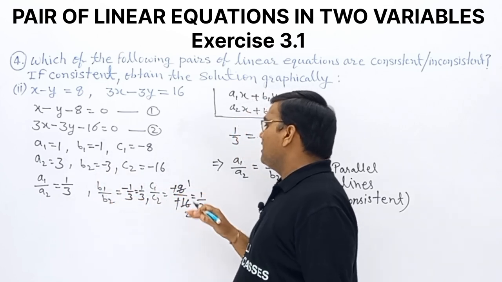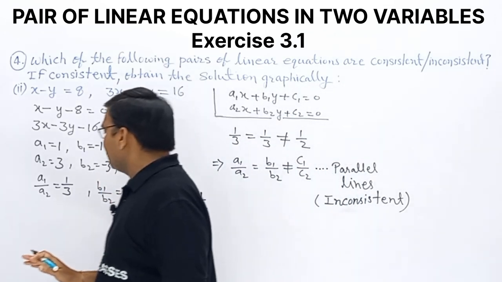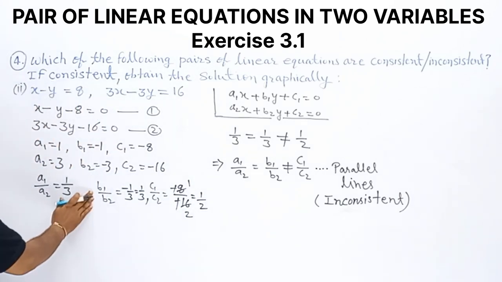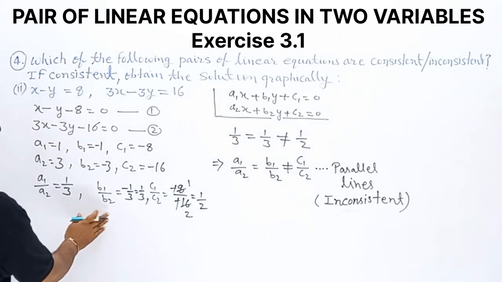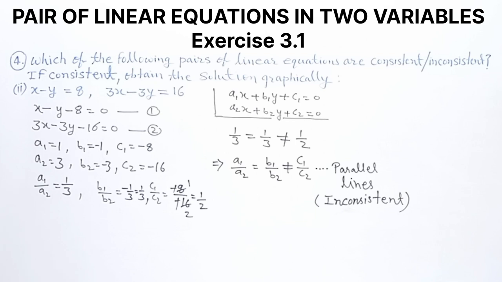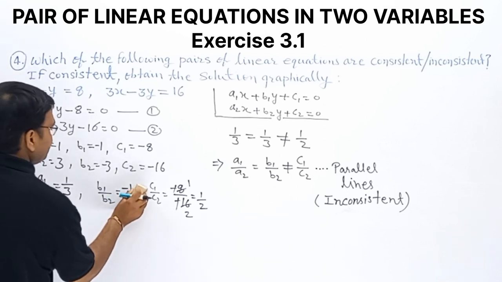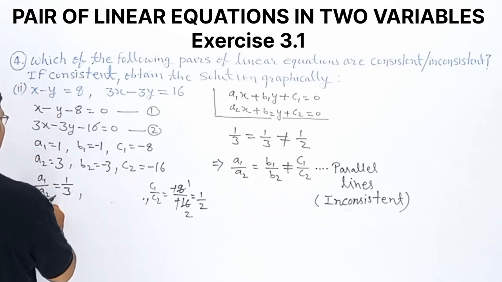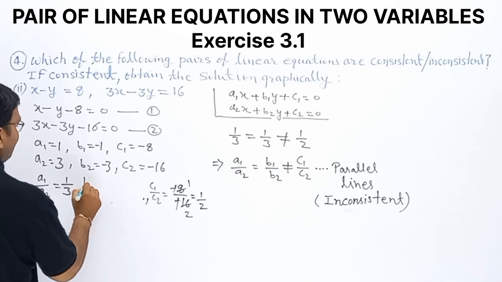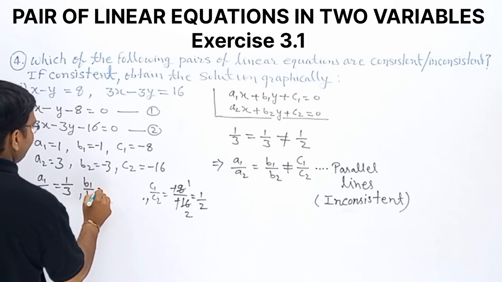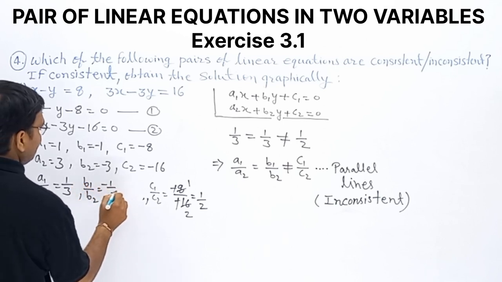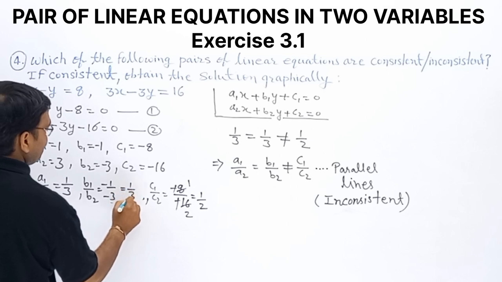By observing, a1 upon a2 is 1 upon 3, and b1 upon b2 is minus 1 upon minus 3, finally 1 upon 3.